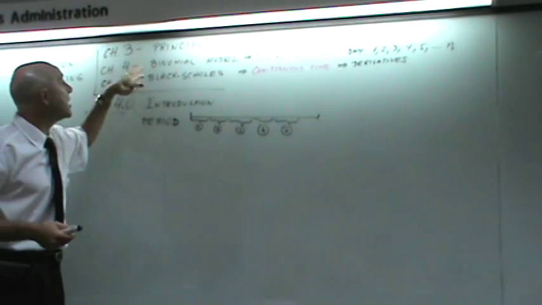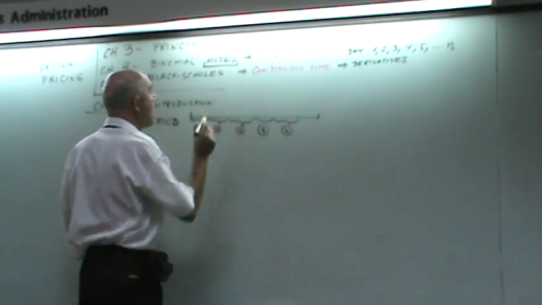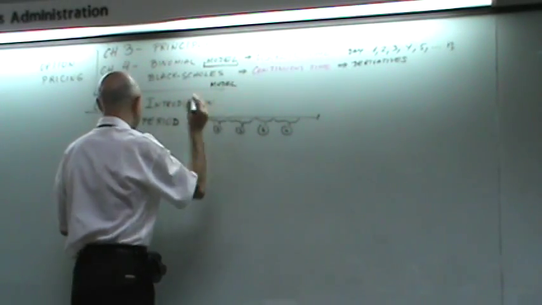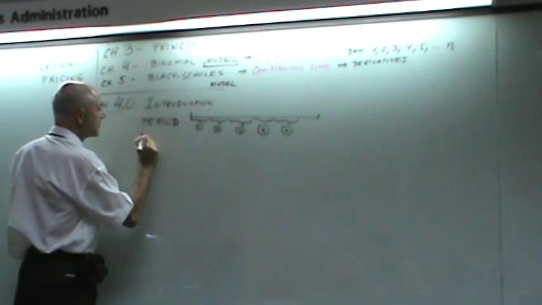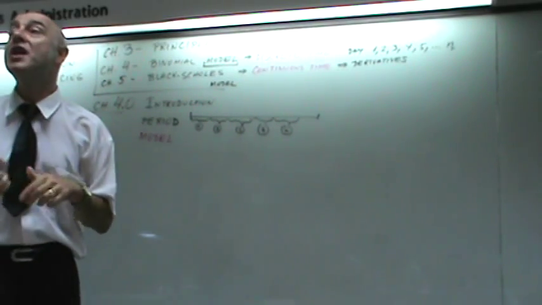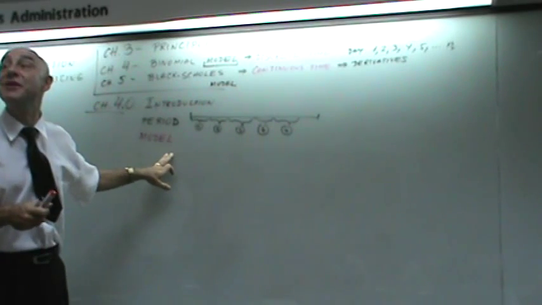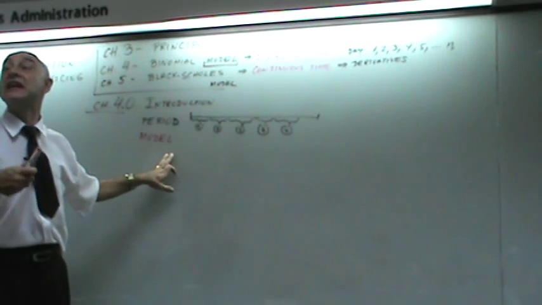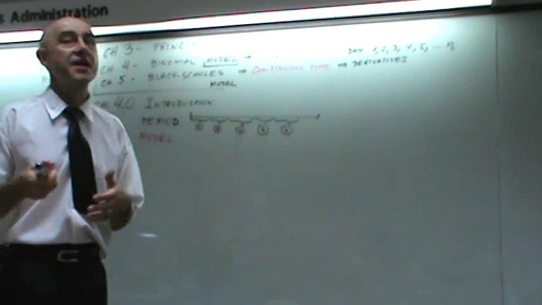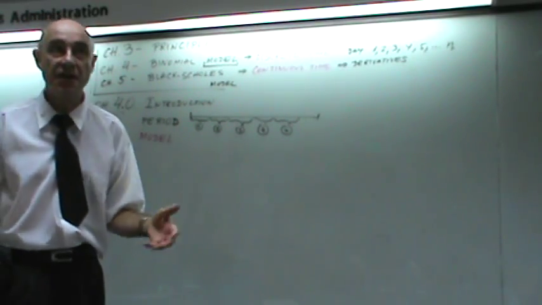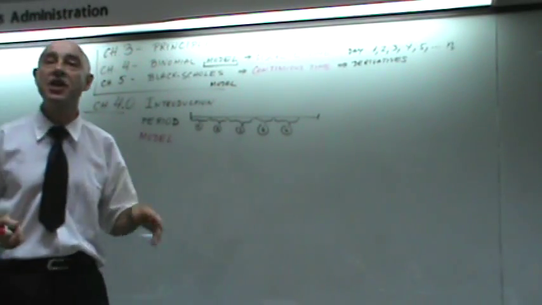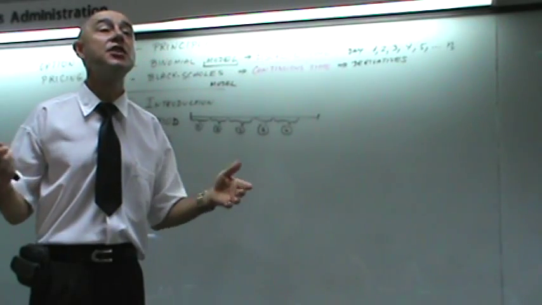What we're doing in here, binomial model, you also have a Black-Scholes model. And you got the basics of a model. So a model is a simplification or a simple representation of relationships in a system, in the economy, in a financial market. So a model will give you a simplified relationship.